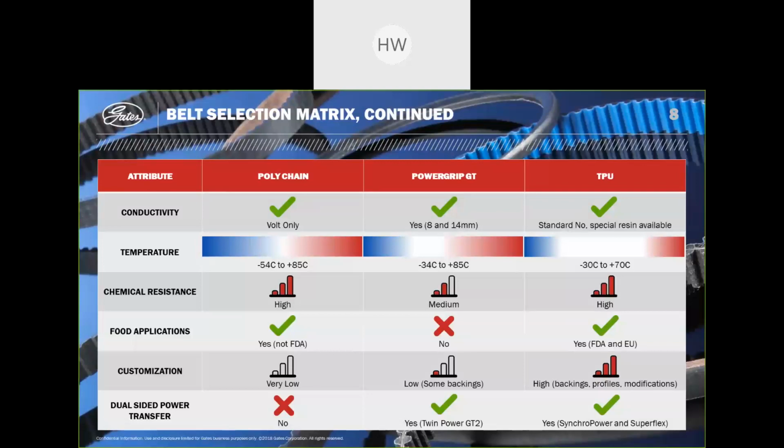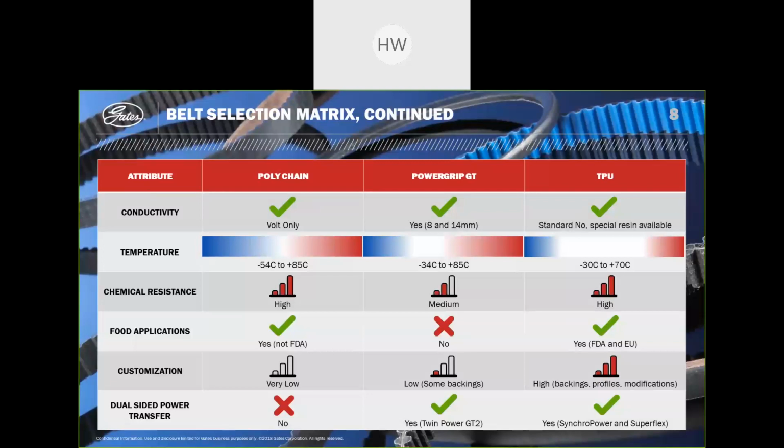Also here, if you have an application with direct food contact, please specify that in your inquiry. We have to use special TPU resins also to be compliant with the specific regulations.